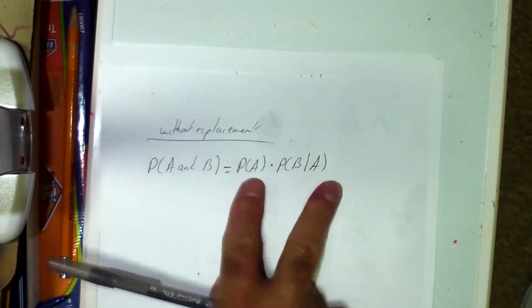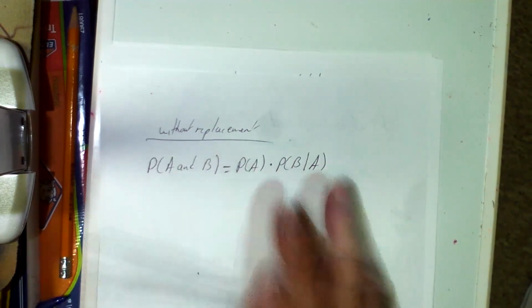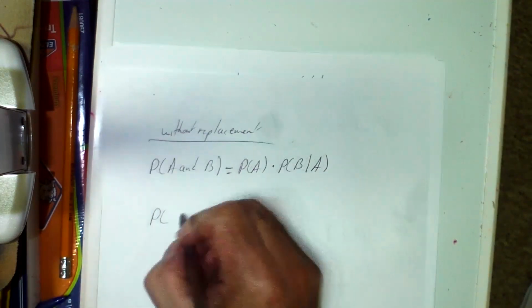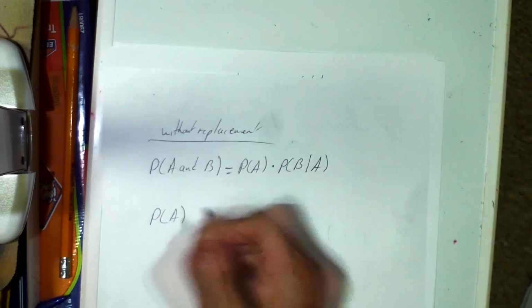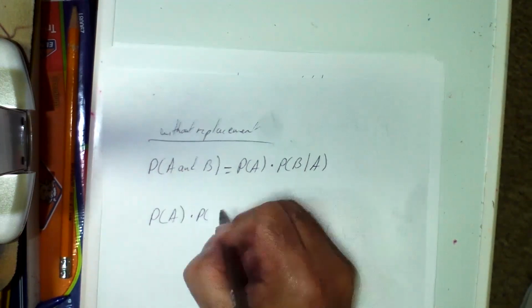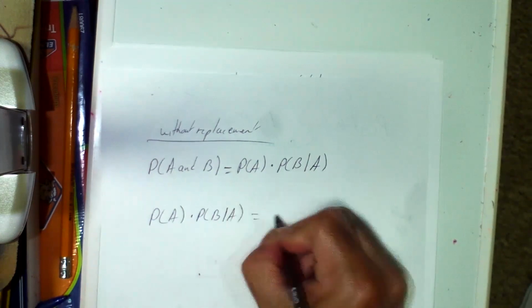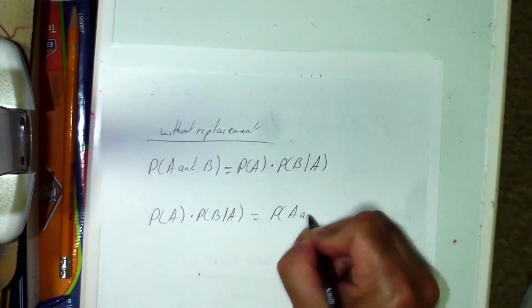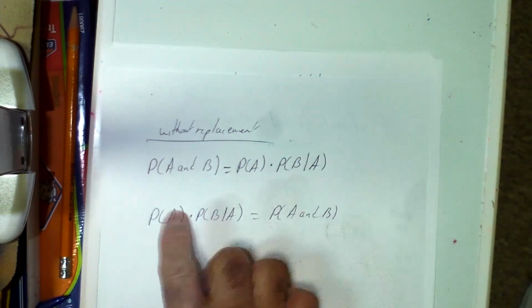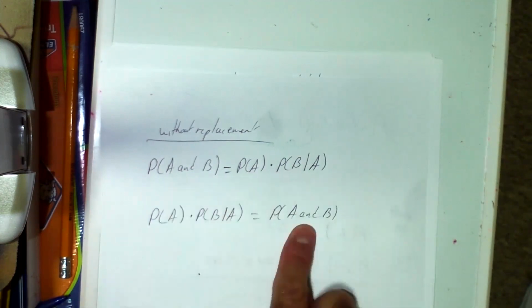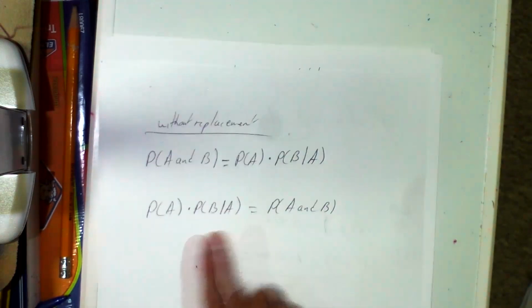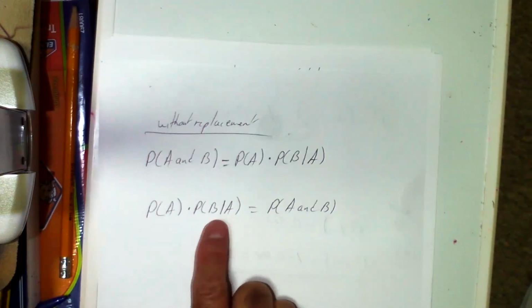I'm going to put this on the left and that on the right, just to make it a little more clear. So I move this over here and that over there. They wanted to isolate the P of B/A by itself, so they did some algebra.